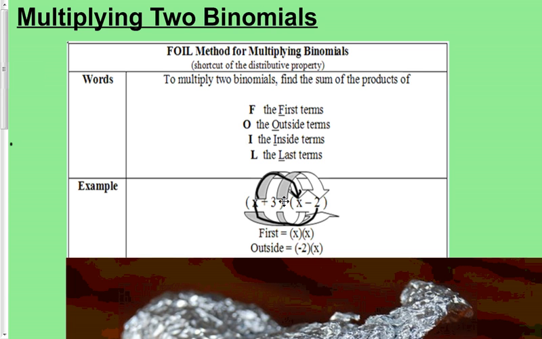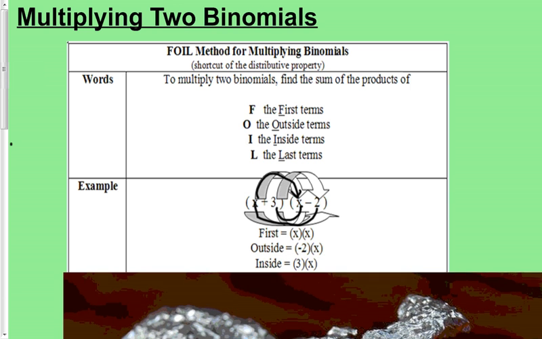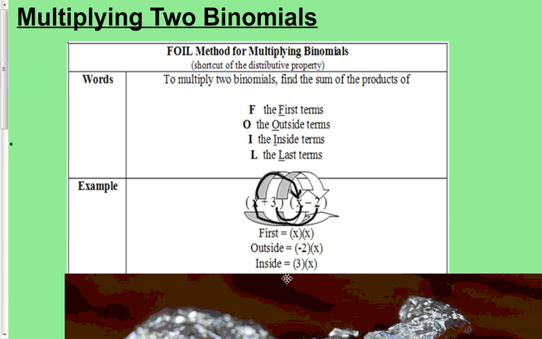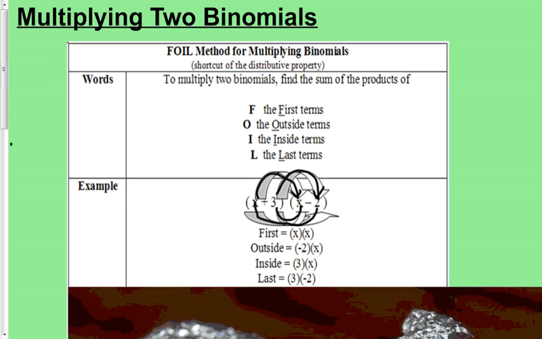Then we do the inside, the I, so the 3 times the x, and that would be 3x. And then finally, the L stands for the last terms. We multiply the last terms together, the 3 and the negative 2. So 3 times negative 2 would get you negative 6.